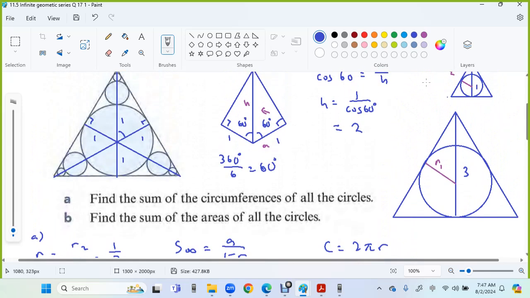Then the other directions. So one direction is 3 pi, and then another direction also 3 pi, and this direction also 3 pi. So all we have is 3 pi here, 3 pi, 3 pi, and 3 pi here.